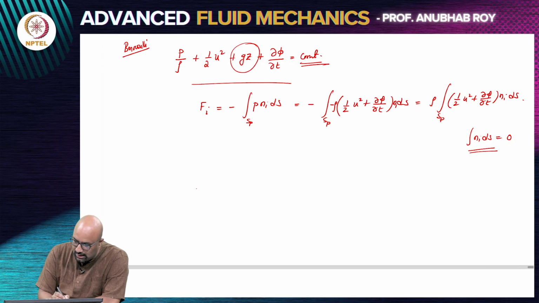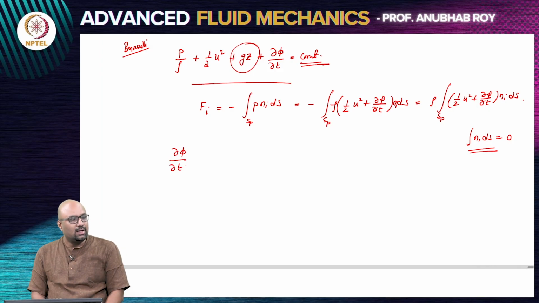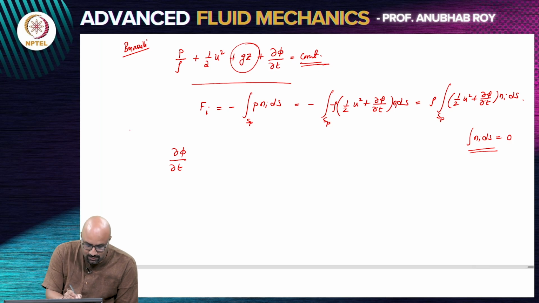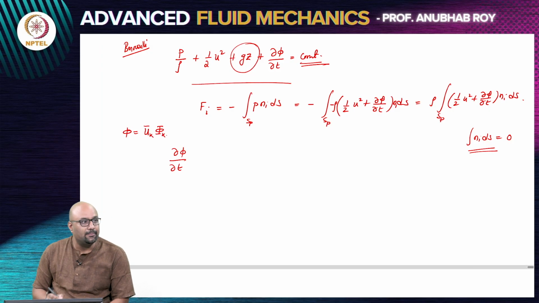So, now let us try to evaluate these quantities one by one. So, let us look at what is dou phi dou t. Now, dou phi dou t is related to the change in the potential with time. Now, what would bring about the change in potential with time? So, if you go back to your expression for your potential, you have to remember the potential is u bar k times phi k.